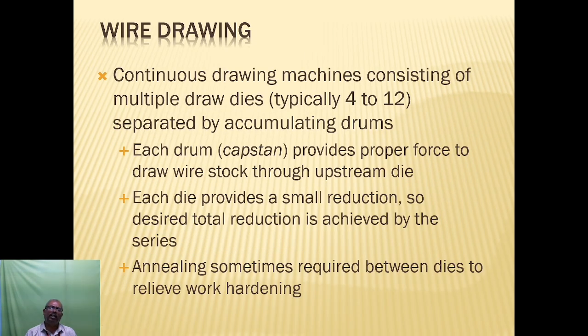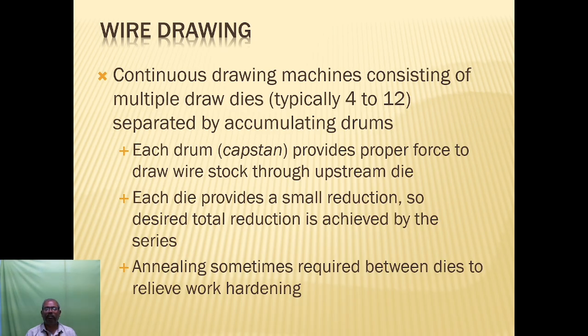In wire drawing, the continuous drawing machines consist of multiple draw dies, typically 4 to 12, separated by accumulating drums. Each drum, also called a capstan, provides proper force to draw wire stock through the upstream die. Each die provides a small reduction, so the desired total reduction is achieved by the series.